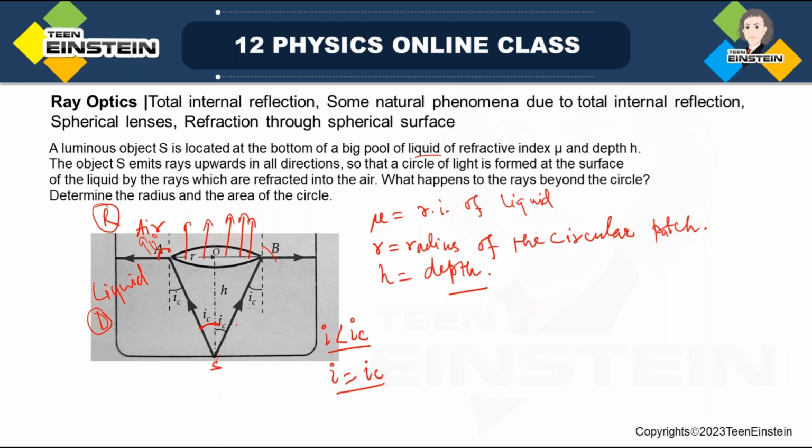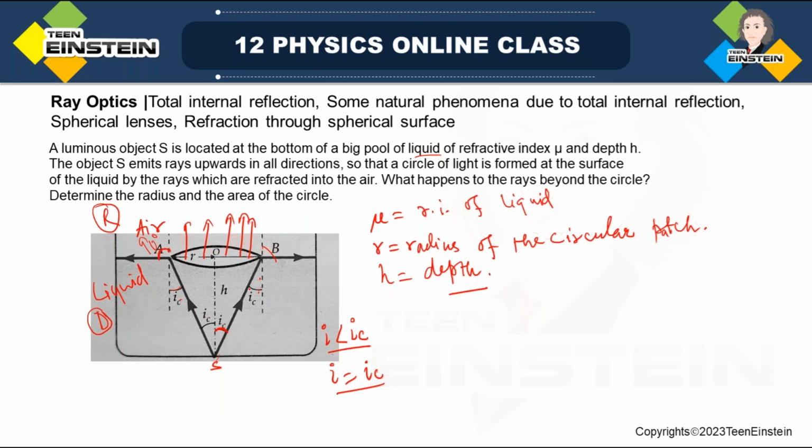So I have taken two representative rays which are incident at this interface exactly at the critical angle. If this is critical angle IC, so this also will be IC. Similarly for this side also, if this is IC, then the ray will be grazing the surface, and this is also IC.